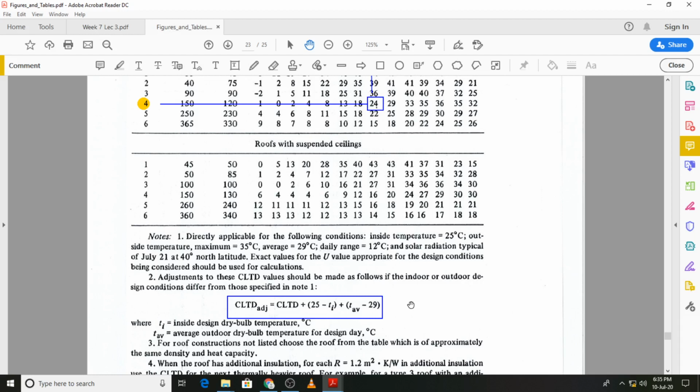So we just insert those values and find out the value of CLTD adjusted, and then find out the heat gain through the roof, and that is what's done in the solution. So we go back to the solution and find out what's the resultant heat gain.